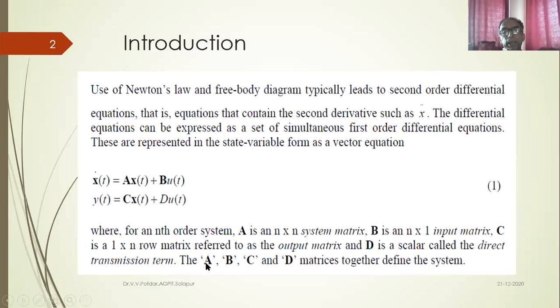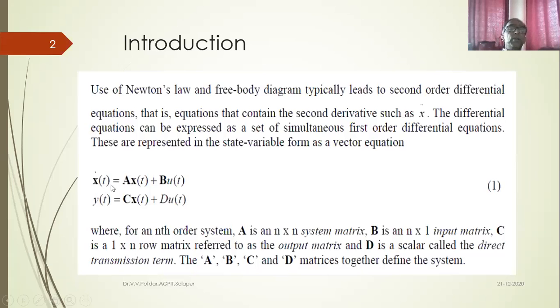The A, B, C and D matrices together define the system. So my higher order differential equation, which is representing the physical system, in the state space approach is getting converted to a set of two equations. One is x dot of t is equal to Ax plus Bu. I will not utter the word t now, it is understood that it is a function of t.